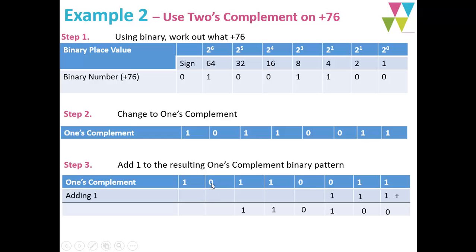Nothing here, so naught and naught gives you a naught. And there's nothing here, naught and 1 gives you a 1. So in this example, the 2's complement of positive 76 is 1, 0, 1, 1, naught, 1, naught, naught. And that gives you minus 76.